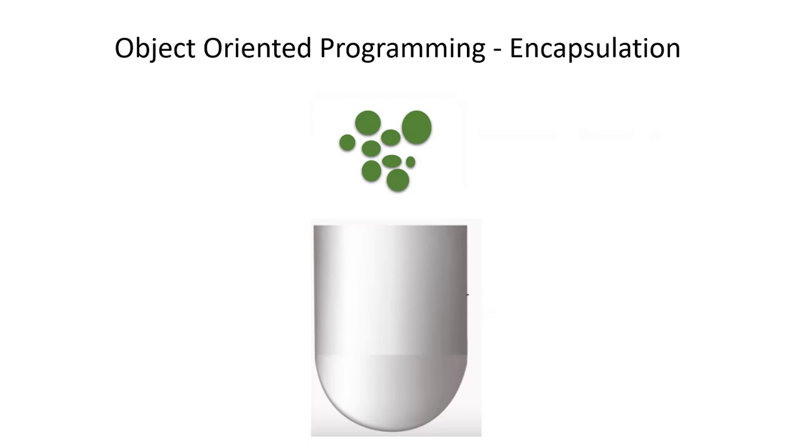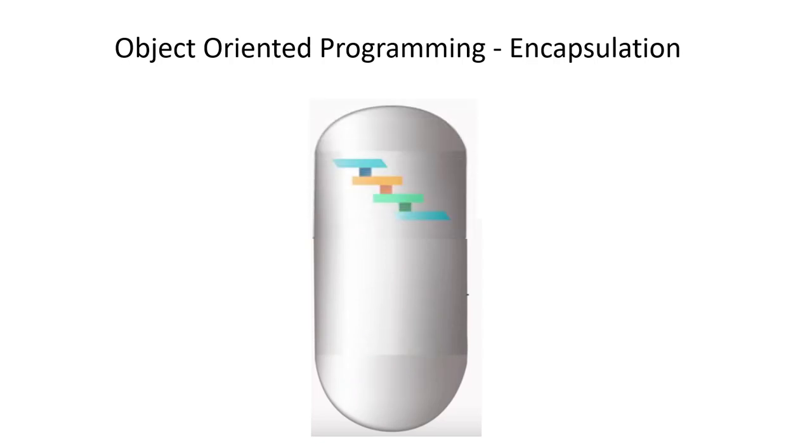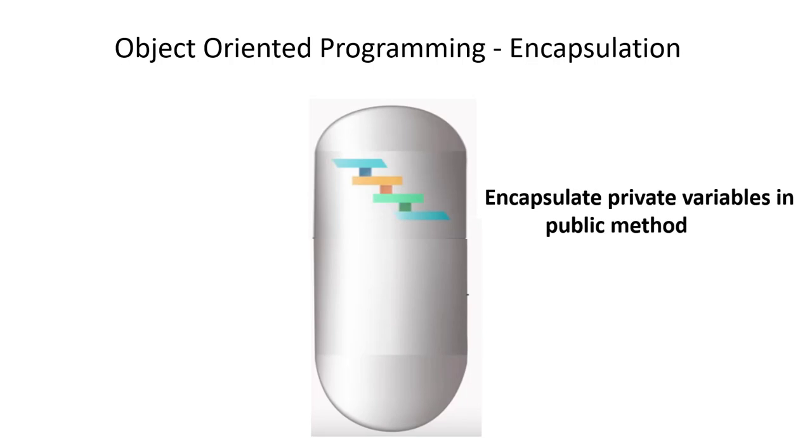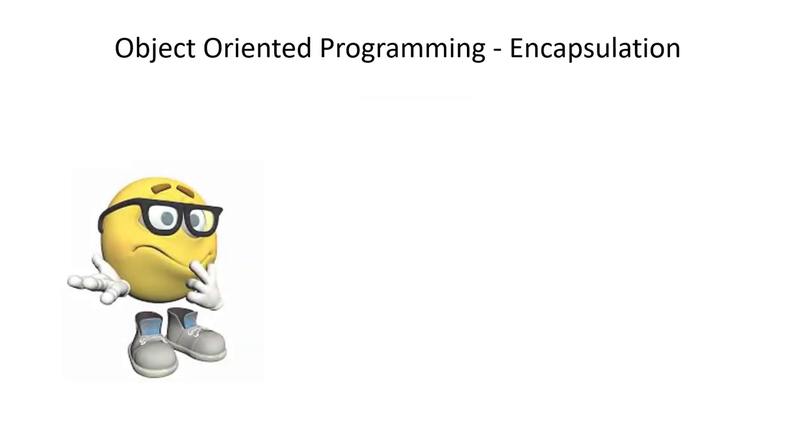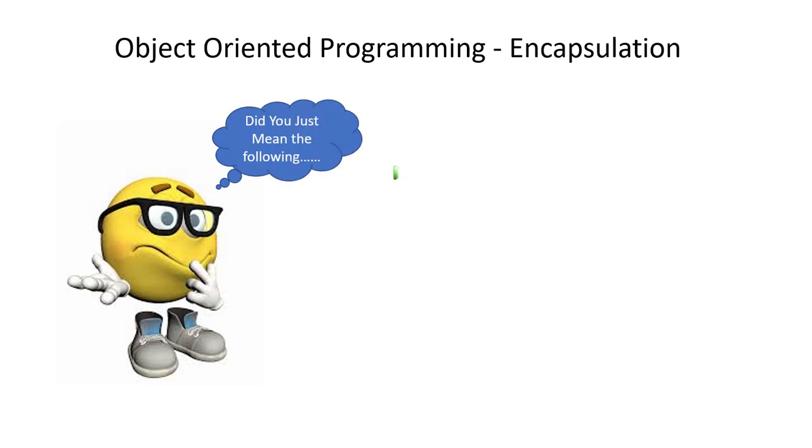Now when we make these ingredients sit inside this outer shell or cover and wrap it up entirely, that's termed as encapsulation. So we are going to encapsulate private variables in a public method. What did we just hear? Did we mean the following?